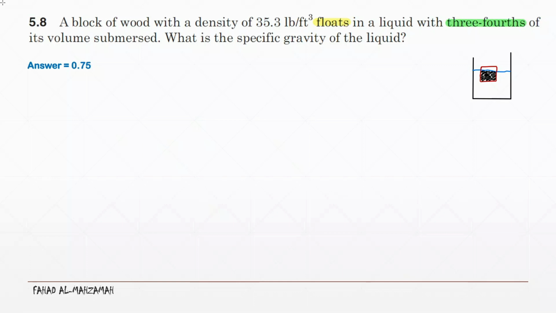What does it mean? We understand this is the volume of the displaced liquid. So the object will displace an amount exactly equal to the immersed part of its volume.